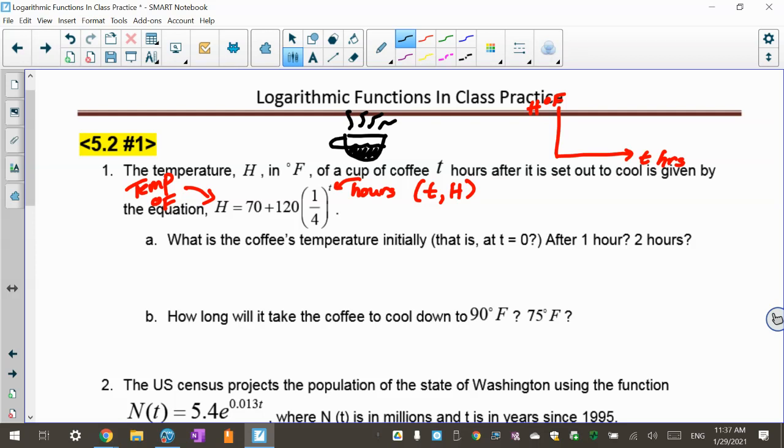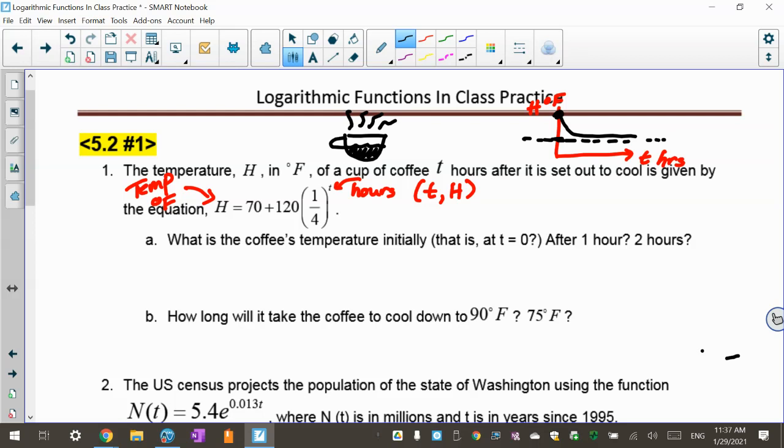They're like, oh no, it would only be the temperature of what your house would be. I said, right, it's going to be room temperature. So as I look at this, my coffee is going to be hot right here, and it's going to cool, but then it's going to level off to whatever room temperature is. So the asymptote won't be the x-axis anymore. The asymptote will be whatever my room temperature is.